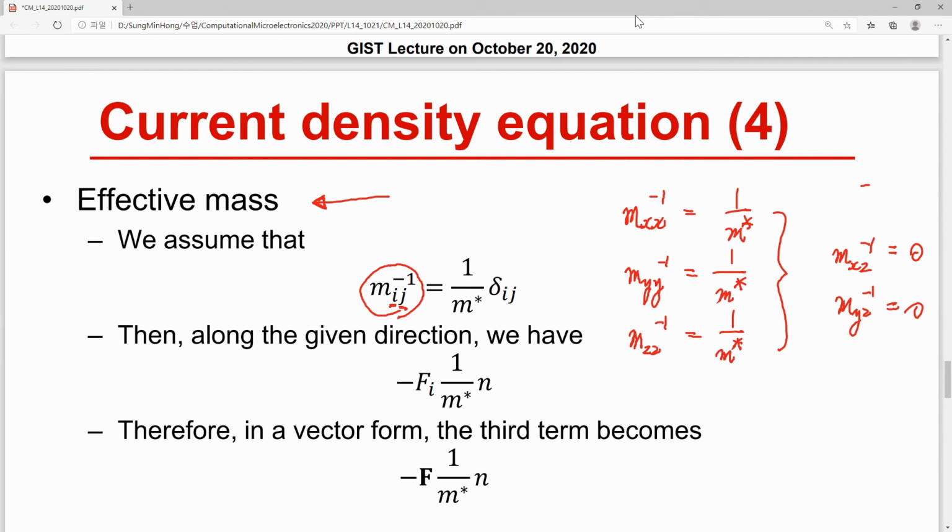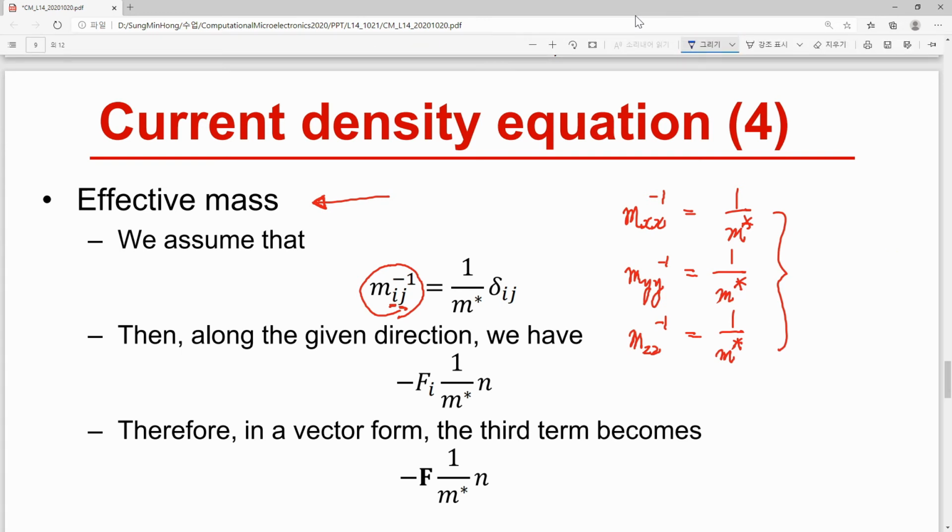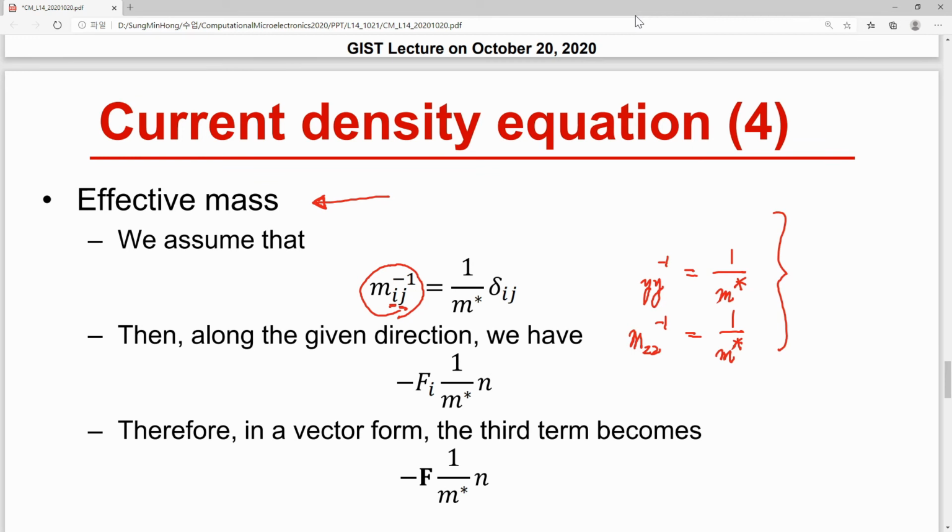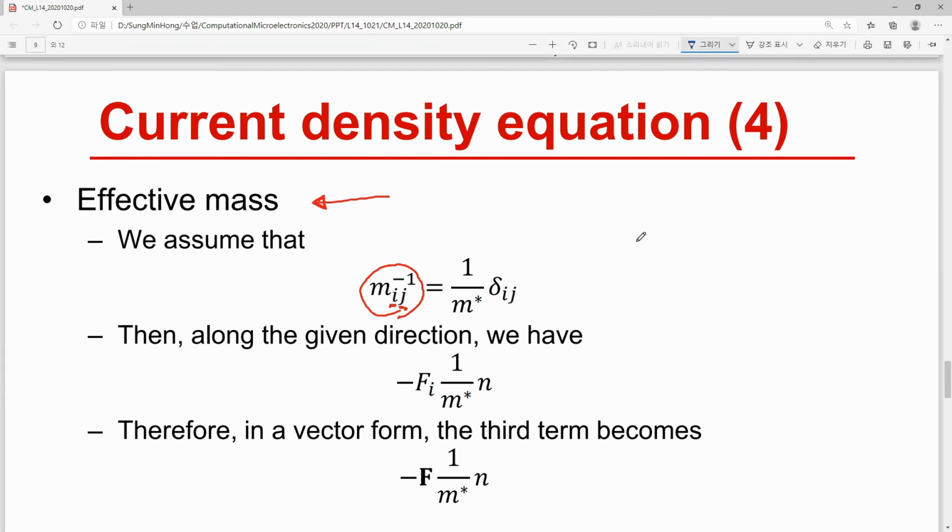However, in this simplification, we will introduce this crude approximation. You may not like it, but that is a usual trick we should follow. If we follow just the diagonal and isotropic approximation, then we can make a great simplification.